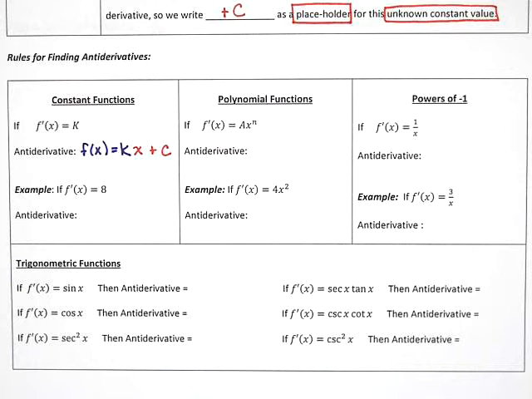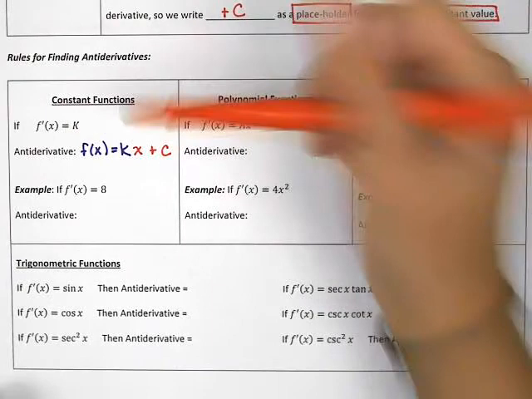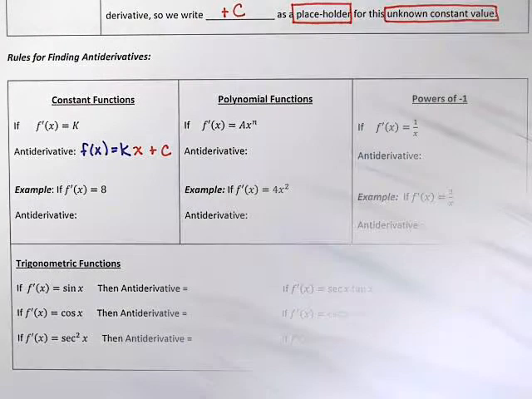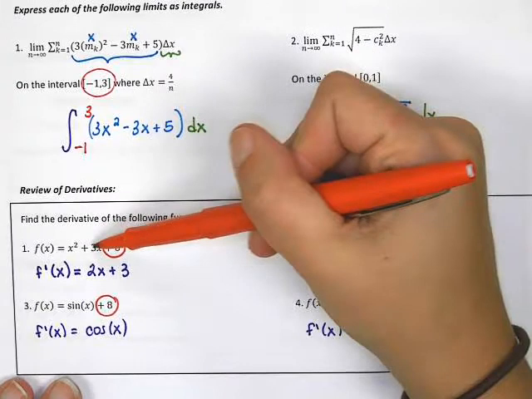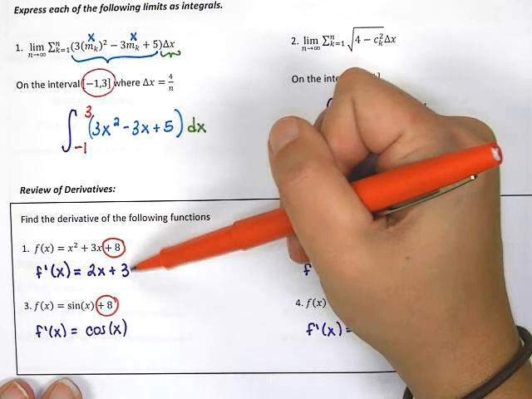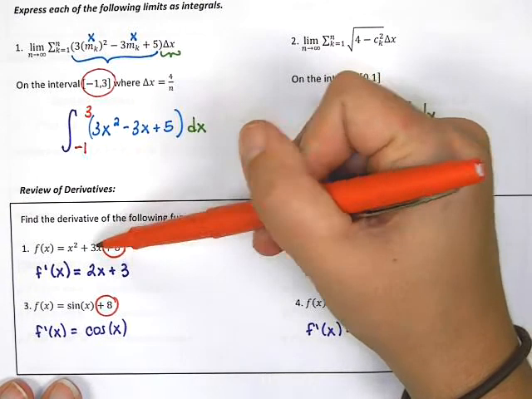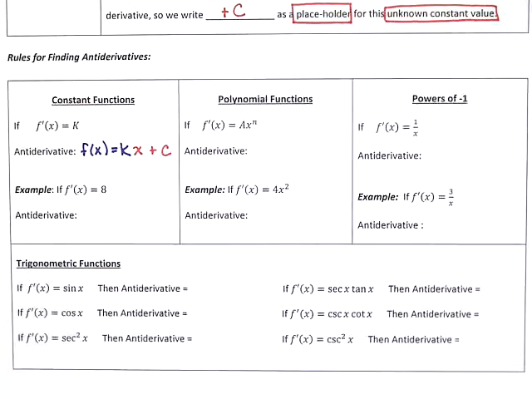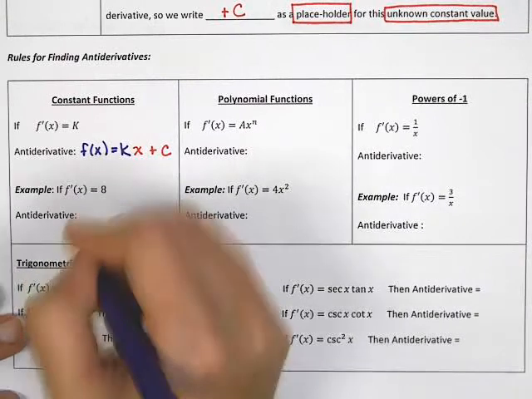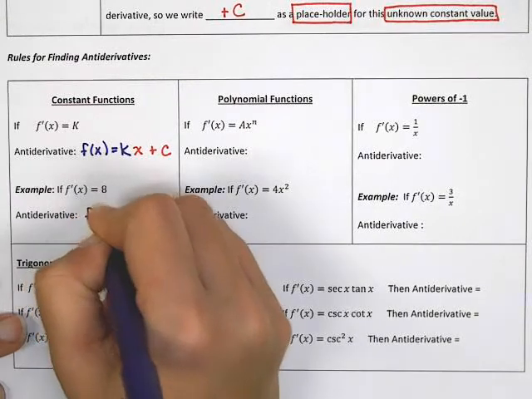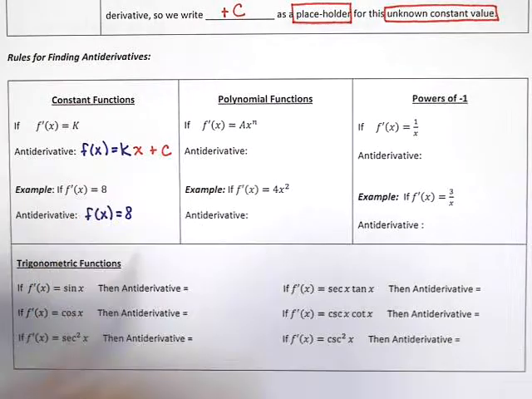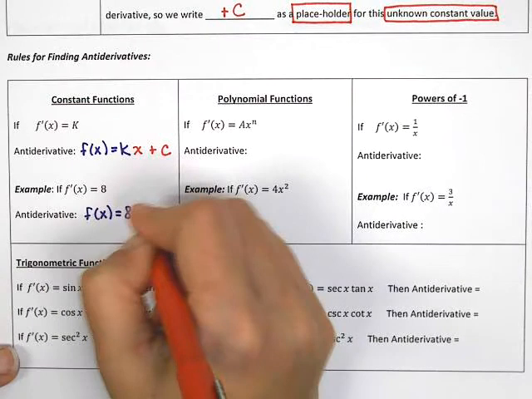And the reason it would be that number times x is that when you take the derivative, if we look at our previous example, of a number times x, you just get a number. So if you just have a number, you get a number times x. For example, if your derivative is just the function f prime of x equals 8, then your original would have been 8x plus c.